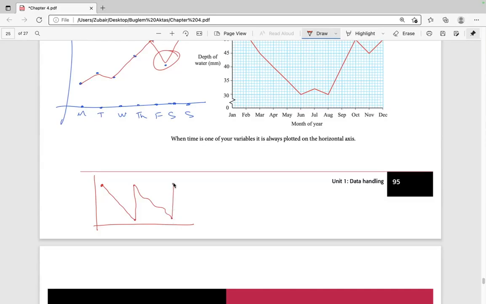Then it shoots up and drops like this and so on. If I say that this is a salary graph for someone, can you guess at what point, A, B, C, D, E, F, he is receiving the salary?